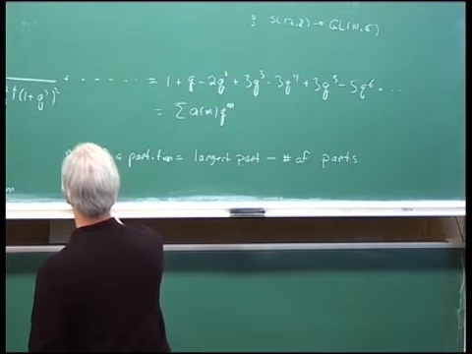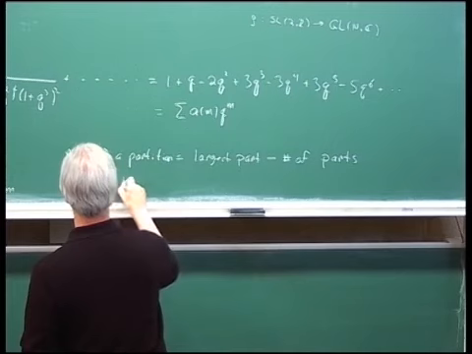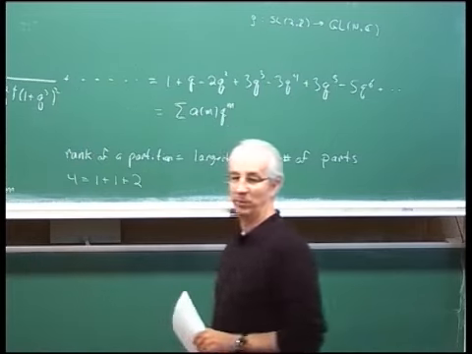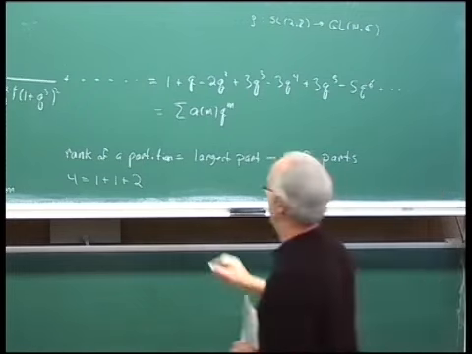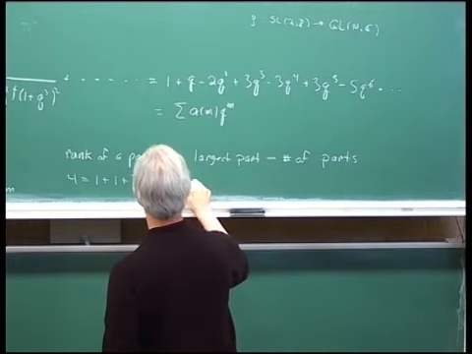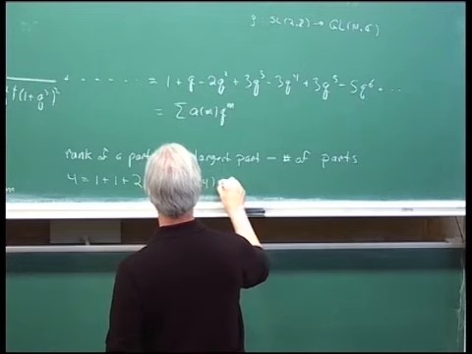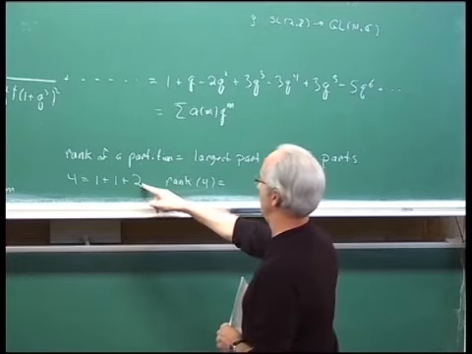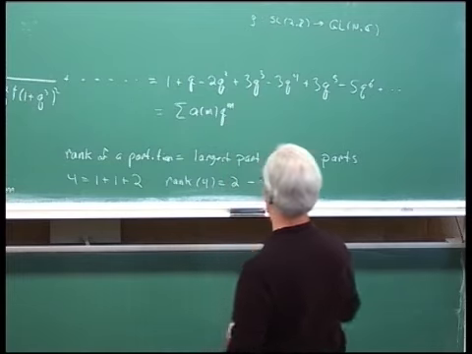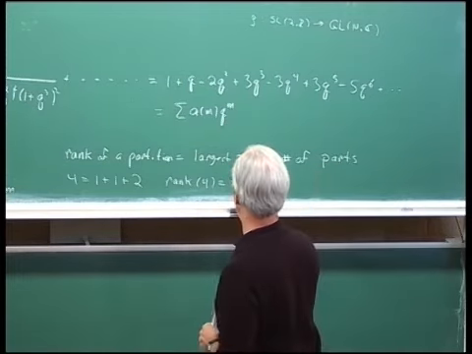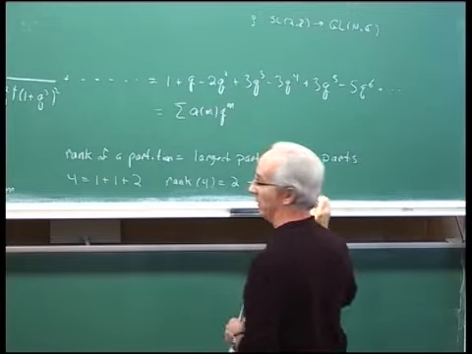So for example, 4 has a partition where it's written as 1 plus 1 plus 2, and the rank of that partition is its largest part, which is 2, minus the number of parts, which is 3, which is minus 1.